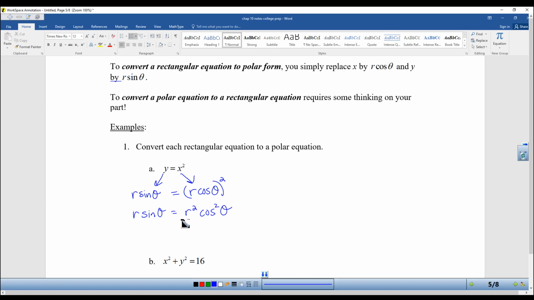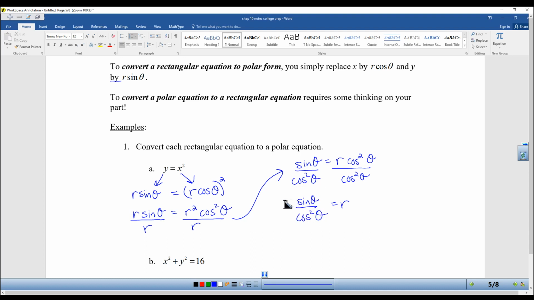I'm going to divide both sides by r, and that gives me sine theta is equal to r cosine squared theta. And then I divide both sides by cosine squared theta, and I get r is equal to sine theta over cosine squared theta.